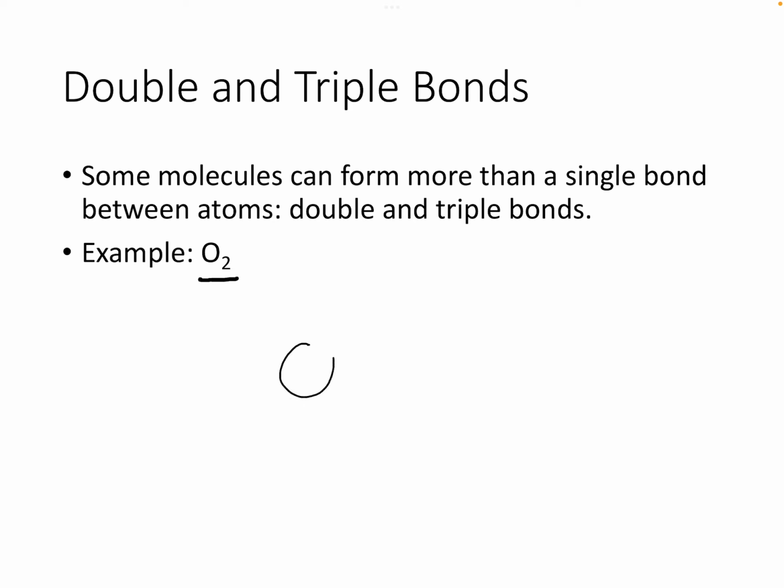So let's draw two oxygens, and each one has 6 valence electrons. We saw that earlier. Oxygen is in group 6 of the periodic table, which is why it has 6 valence electrons. Or at least that's how we remember it, right? So I do see one place where we can form a covalent bond.